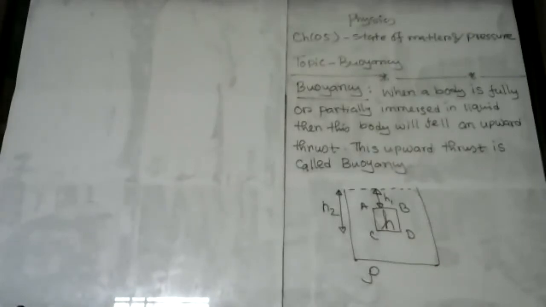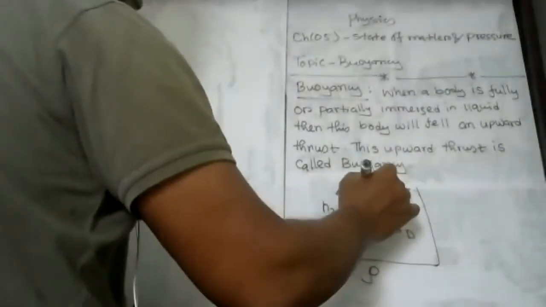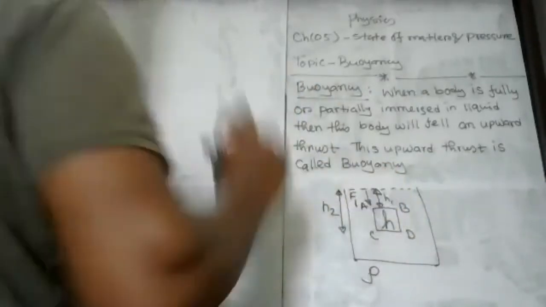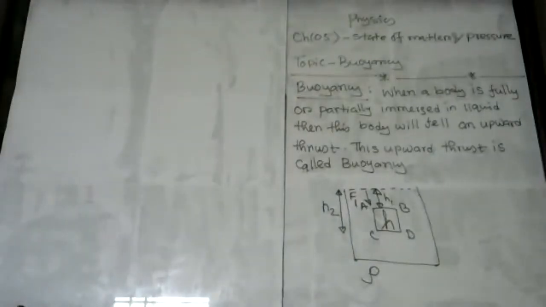At first you see that the liquid that stays on the upward side of AB can apply a downward thrust. Because of this downward thrust, it can apply a downward force, and this downward force will be equal to, suppose, F1. So here, F1 will be equal to what?